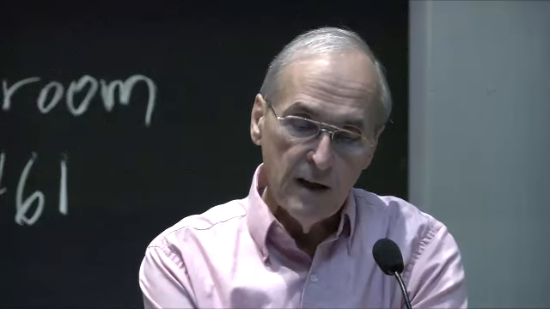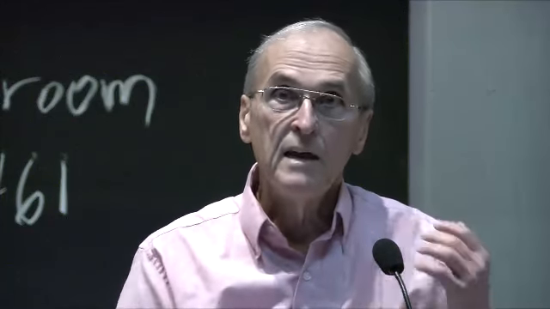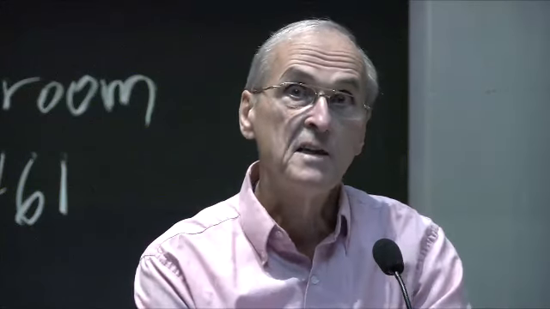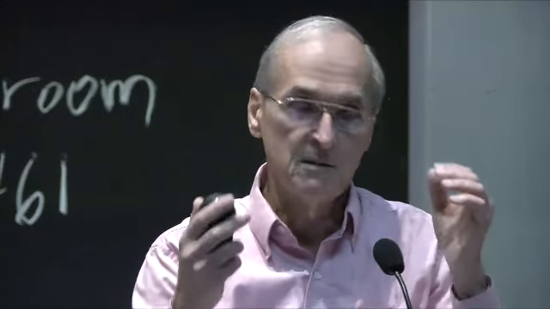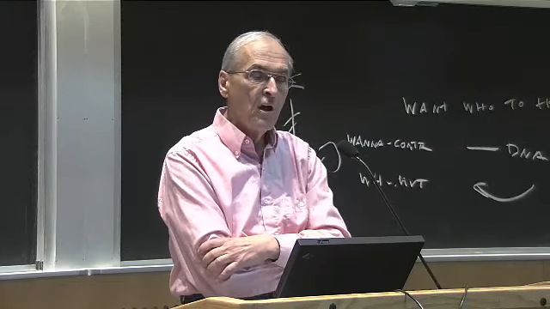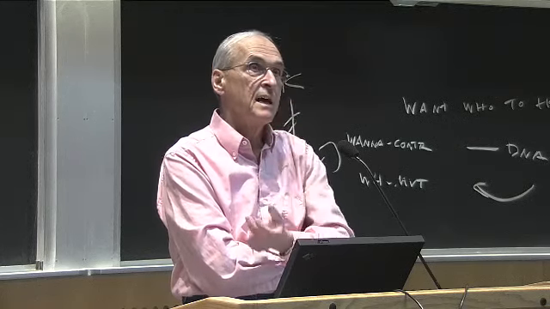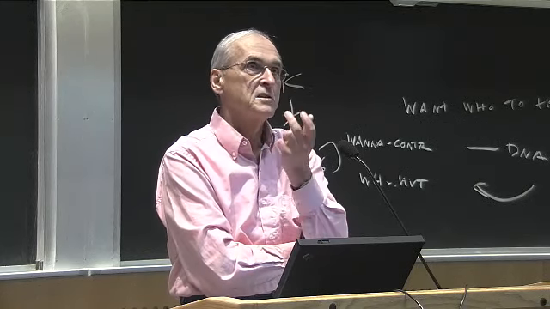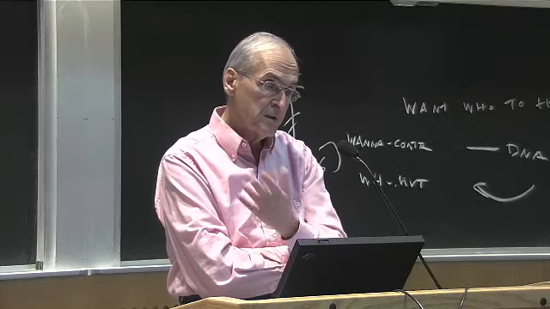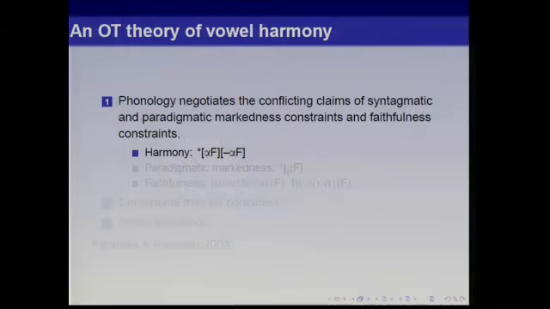So the idea then is that phonology essentially is a negotiation of conflicting claims of markedness constraints, which could be syntagmatic, that is, things that happen because things are next to each other, or absolute, where complexities of segments tend to be eliminated, and faithfulness constraints, which want to retain them.